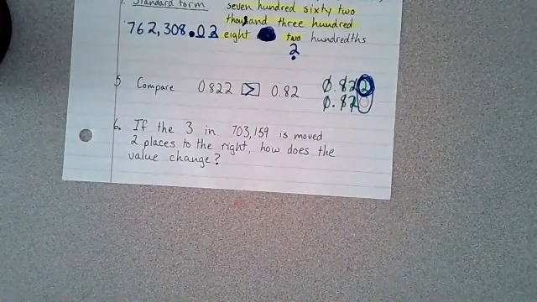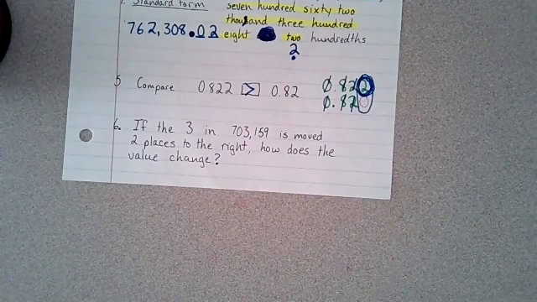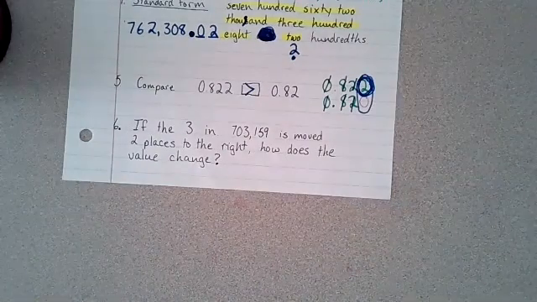All right. Number 6. If the 3 in 703,159 is moved 2 places to the right, how does the value change? Okay, so if I'm coming up here and I'm looking at my place value chart, if I am moving to the right, I am doing what? I'm getting smaller, correct?